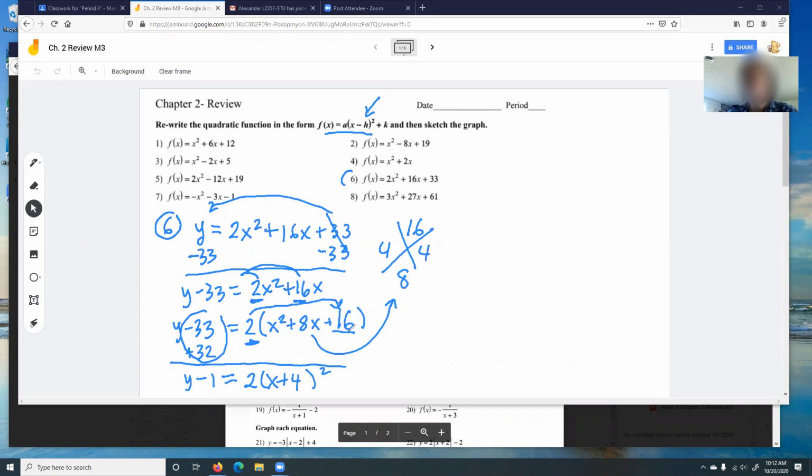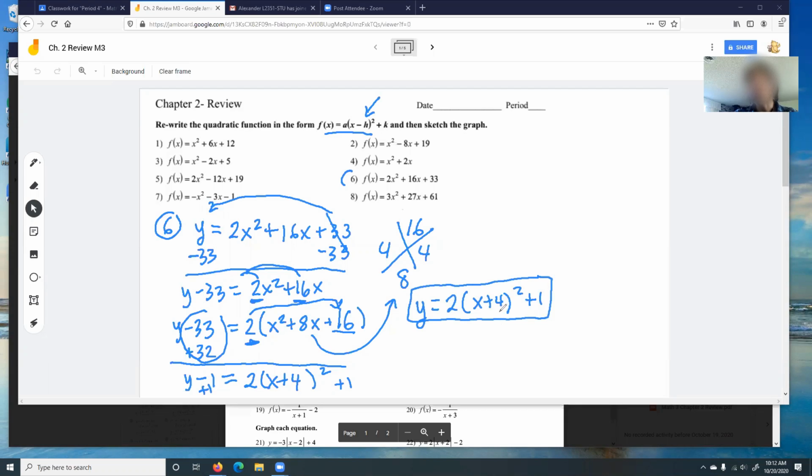So that's why we added that 16 there to make it a perfect square. Our last step is to add the 1 back to the other side, and that will give us our equation, which is y equals 2 times x plus 4 squared plus 1. That's in vertex form. And please box your answers when you're done.